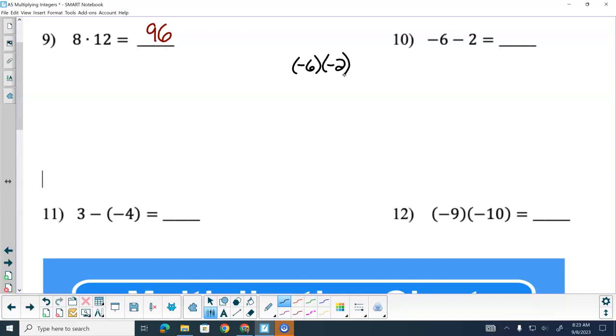Negative 8. Yep, that's negative 8. Negative 6 times negative 2 is positive. Oops, I almost put negative. Is positive 12. Those aren't the same because they're two different math problems. Okay? So you gotta be aware of that when we're doing this.